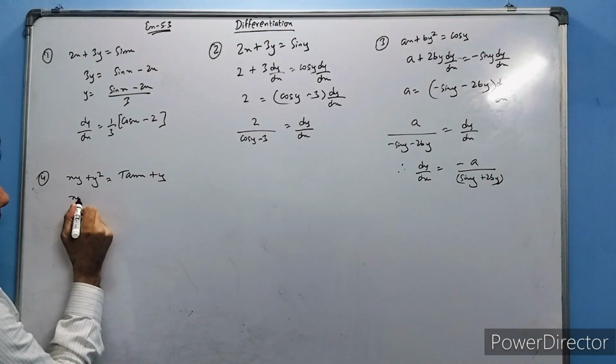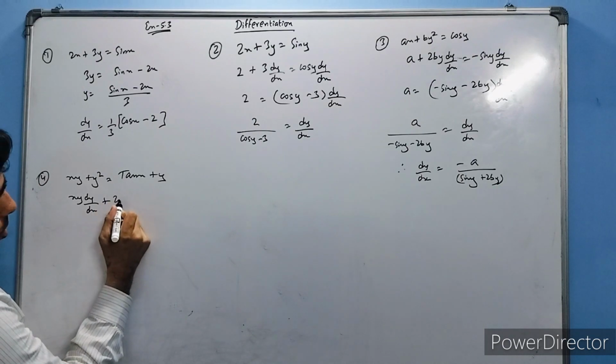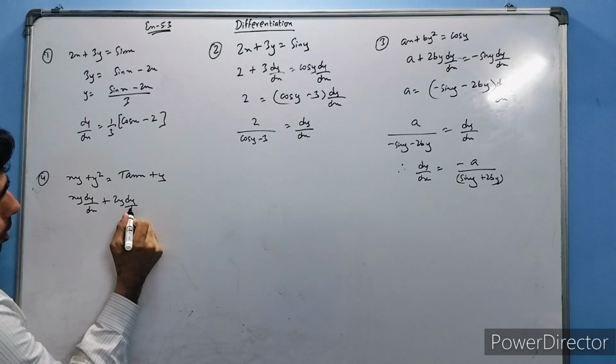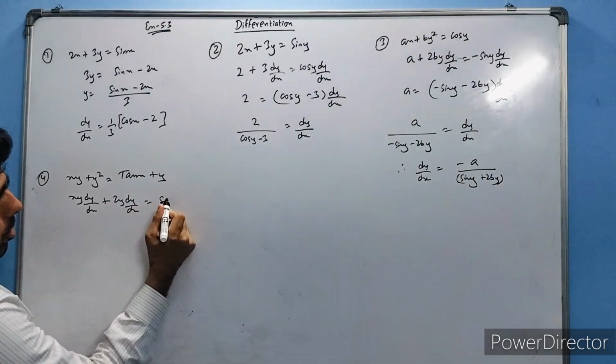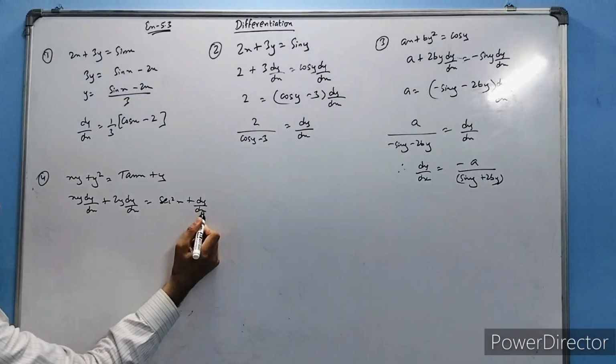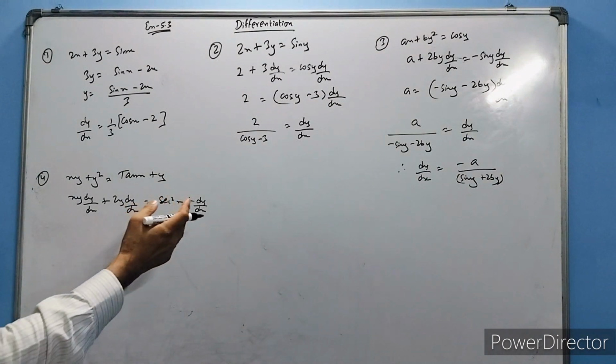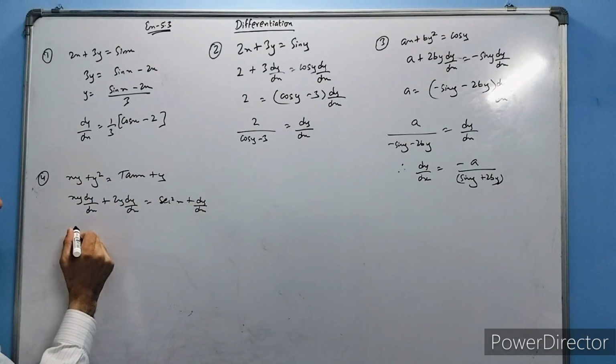We have x dy upon dx plus y plus 2y dy upon dx is equal to sec square x plus dy upon dx. Now take this side so that we can take common.